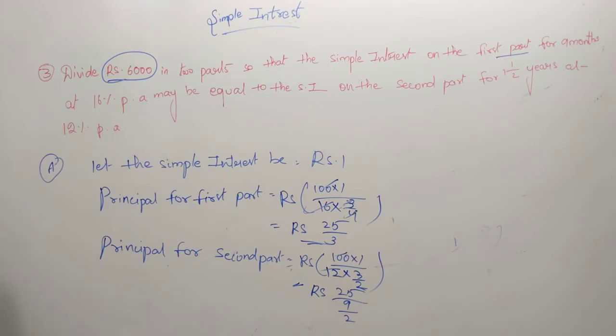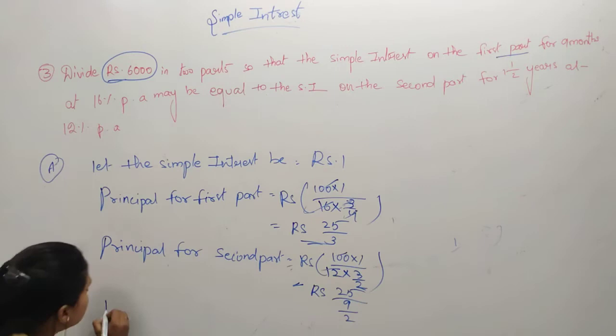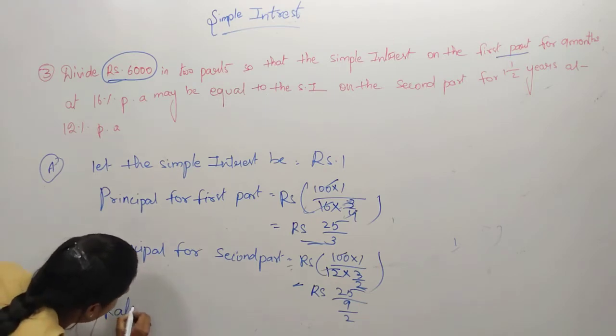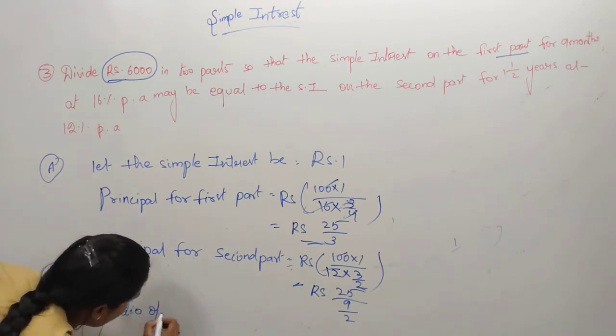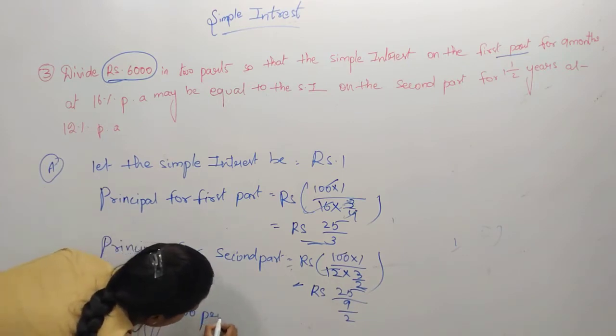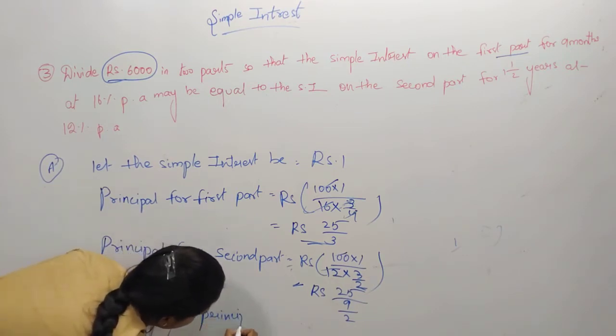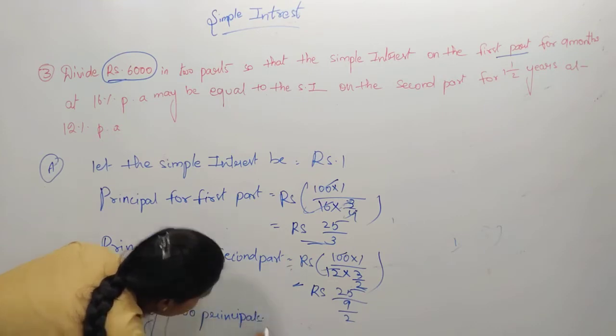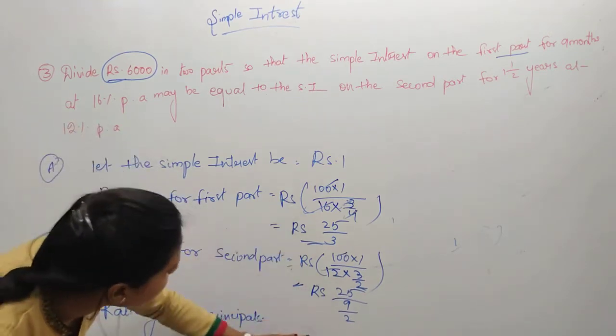Now the ratio of the two principals. We have to find the ratio of the first part and the second part.